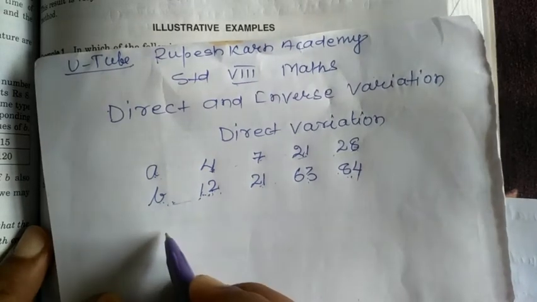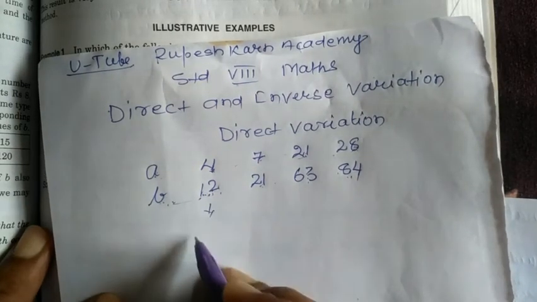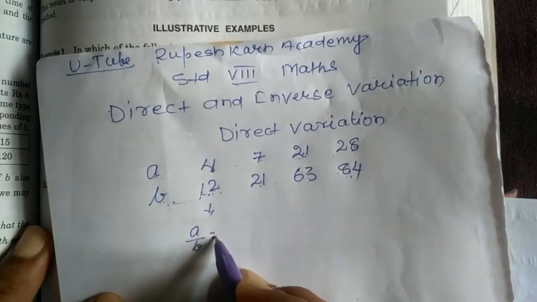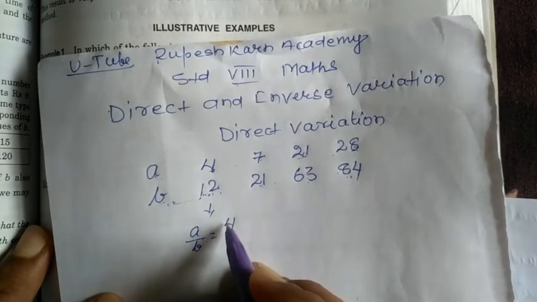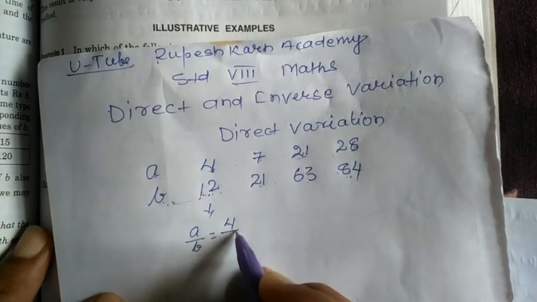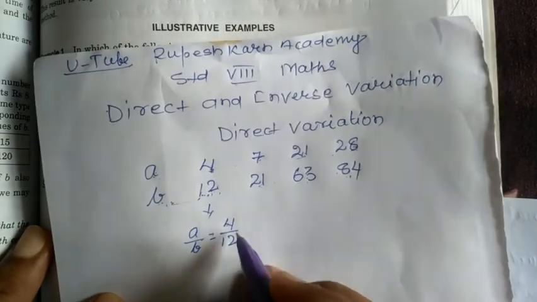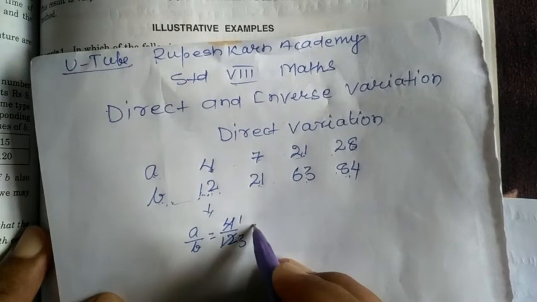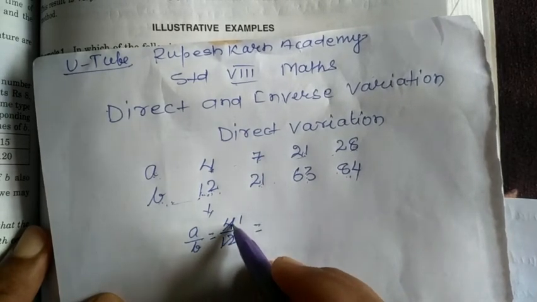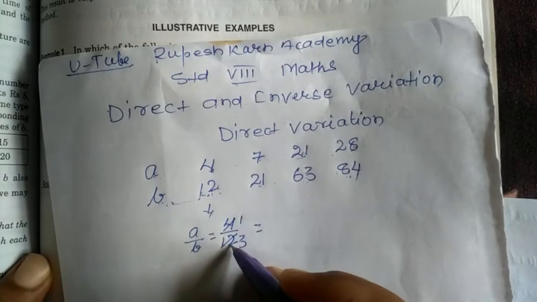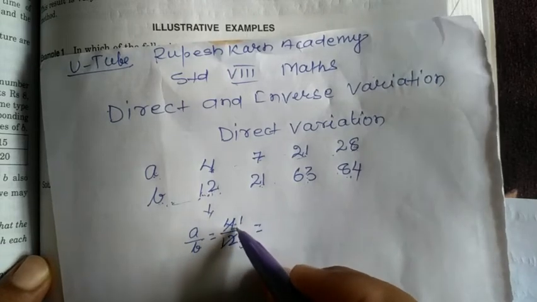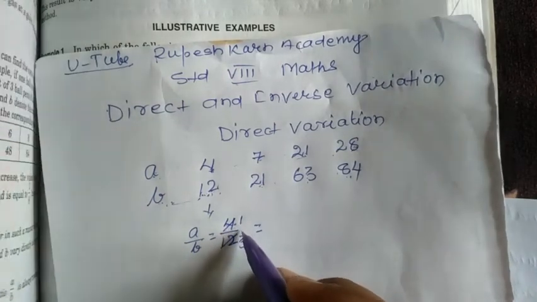Correct? Now see here, in the first case, the ratio A by B is equal to how much? The corresponding values of A and B we put here. Now see, 4 1s are 4, 4 3s are 12. When we bring this fraction 4 by 12 into its lowest form, we have to divide both the numbers by the largest common number.